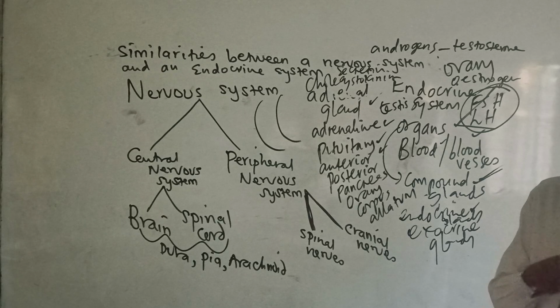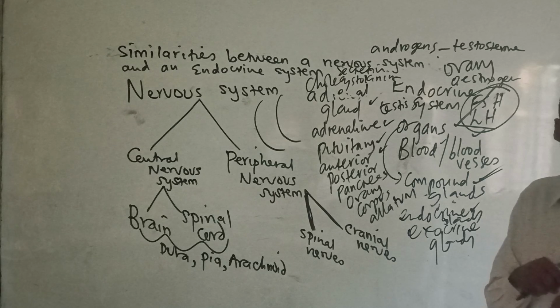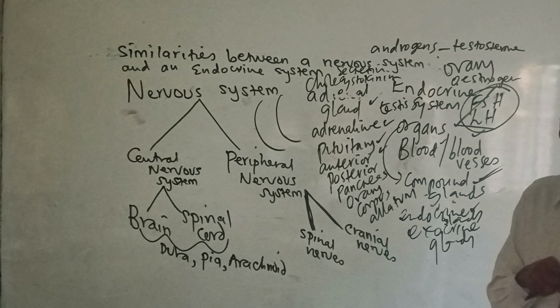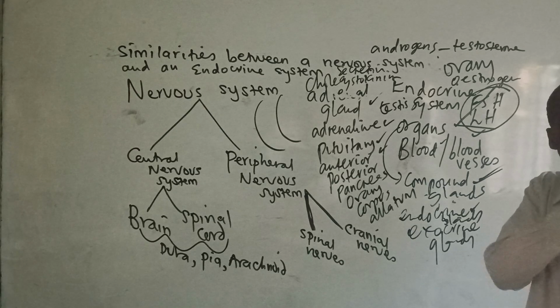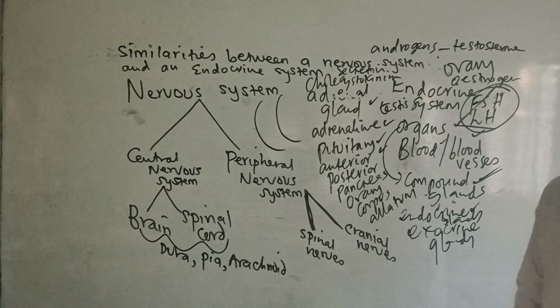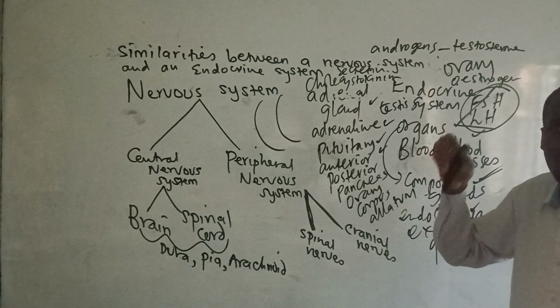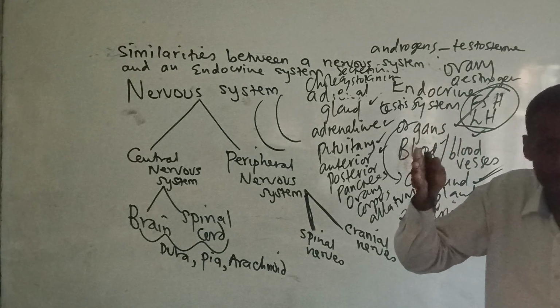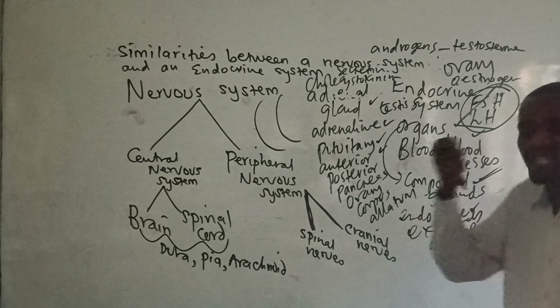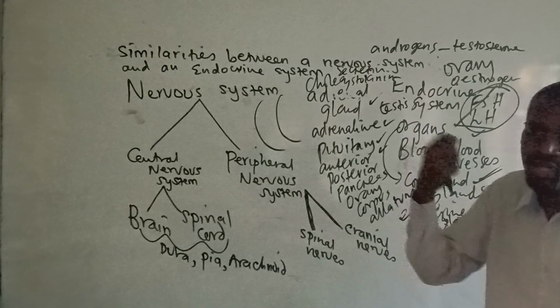The receptor cells of the skin will get triggered, transmitting a nerve impulse along the sensory neuron to the central nervous system. So they all involve transmitting a message, either by getting triggered or due to a response.